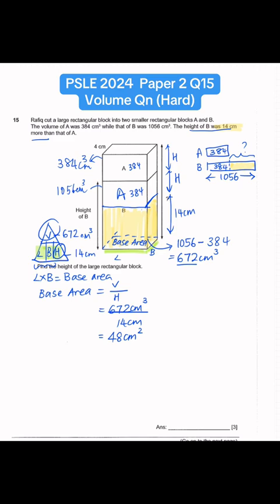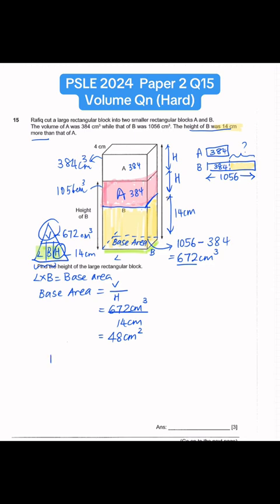I know that A, back to the diagram, is 384. Let me give it a color. This portion is 384. I've highlighted it in pink, so I hope that helps you differentiate the different zones I'm talking about. So this is 384, and I know that the base area is 48.